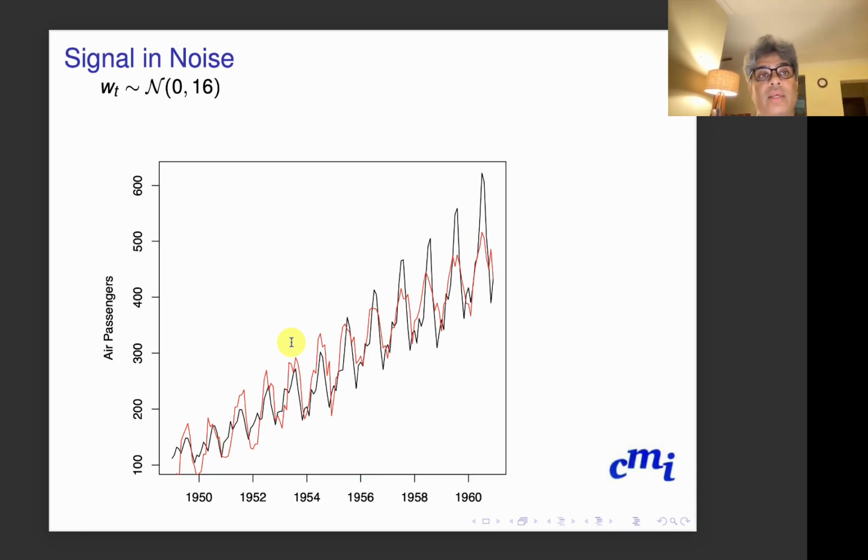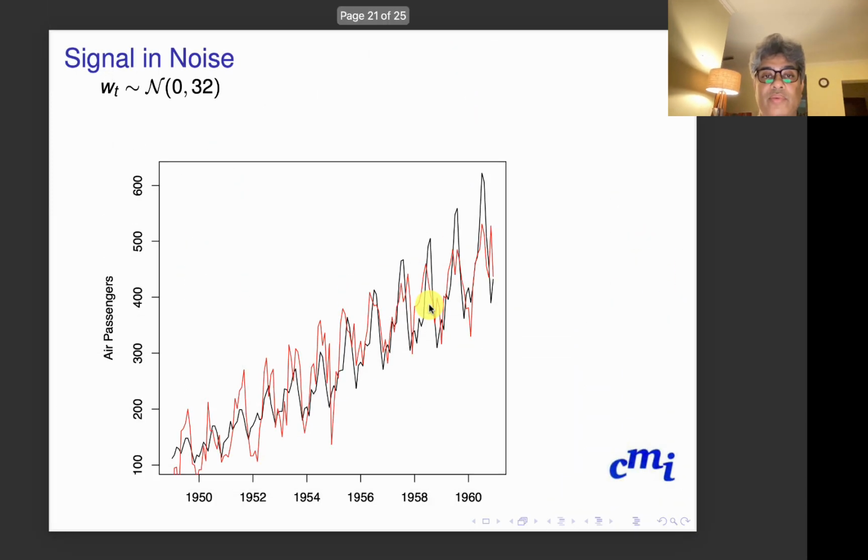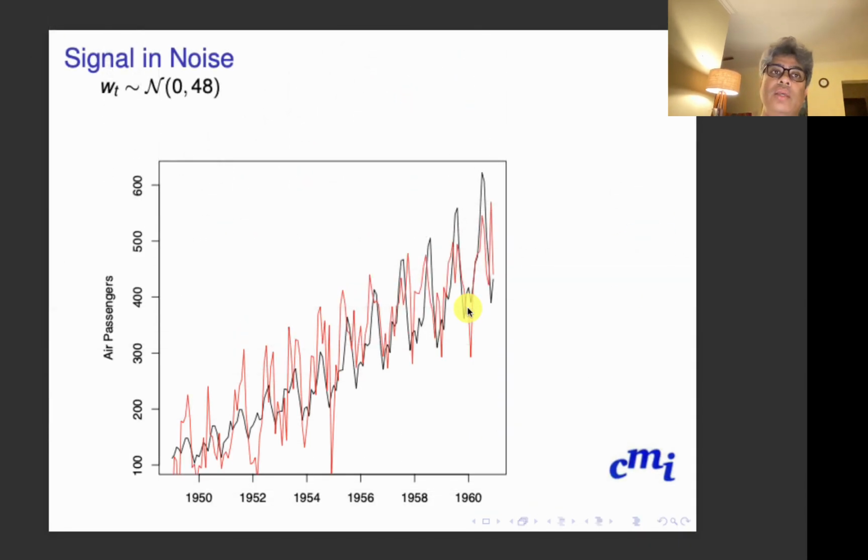If you simulate w_t from normal(0, sigma), and you consider the signal part as known, then the simulated series will look like the red curve, which is sort of tight. Then we increase the sigma, and the simulated red series is much more jittery.